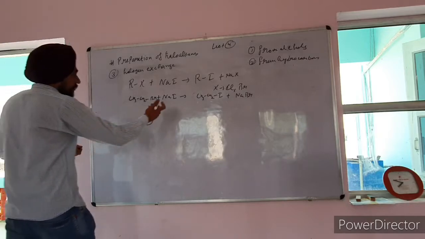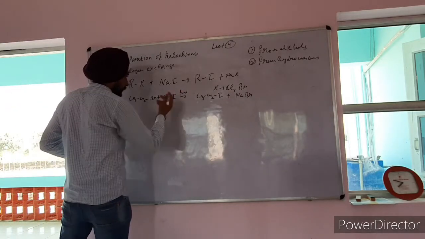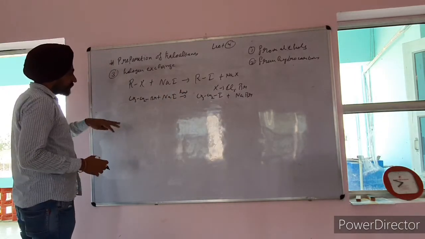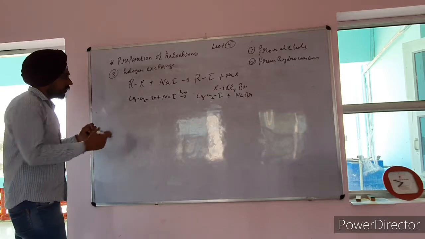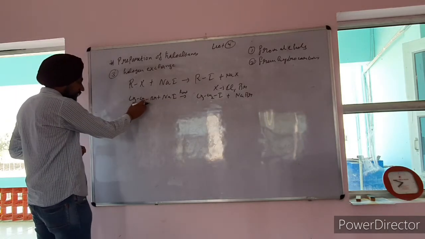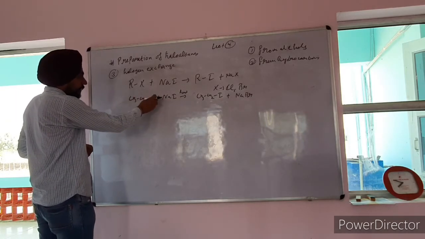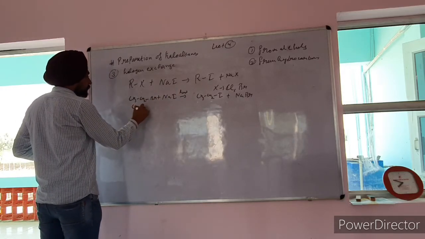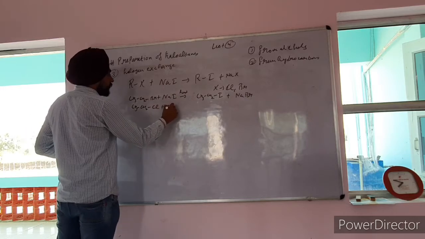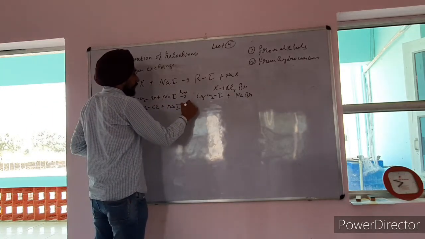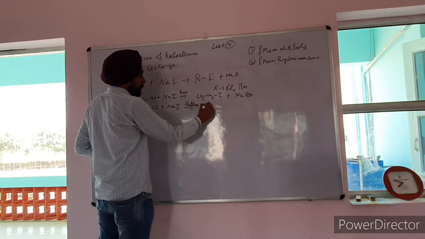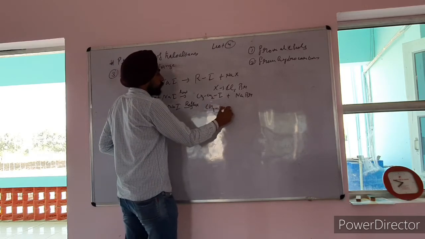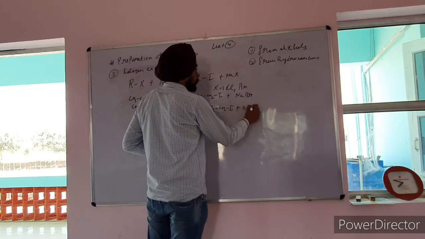We add some heat. Second question, why does this iodine go to the alkyl group or hydrocarbon group and bromine go to the sodium? Another reaction is CH3CH2Cl and sodium iodide, again with reflux, giving CH3CH2I plus NaCl.